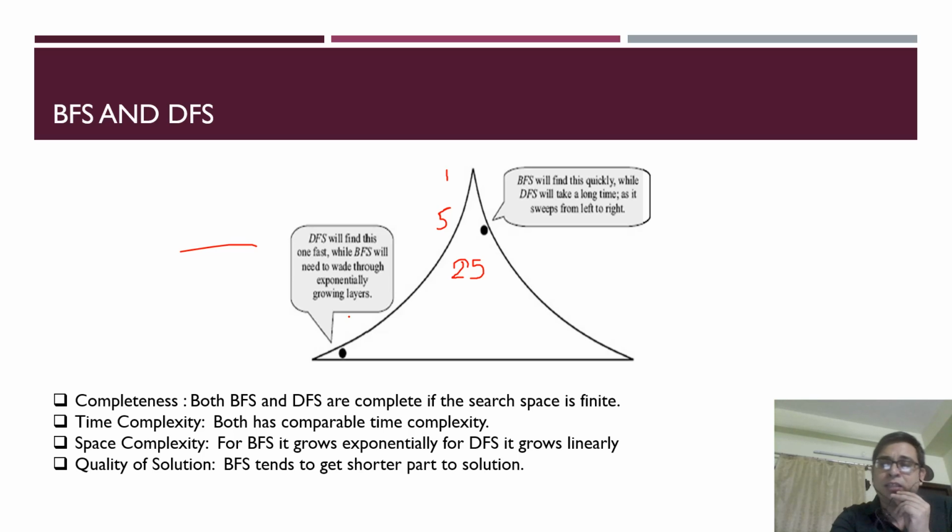So they are exploring the solution space, given certain very fundamental trivial rules. So for quality of solution, BFS tends to get a shorter path to the solution naturally, because it doesn't do a jump. It will sweep like this and move.